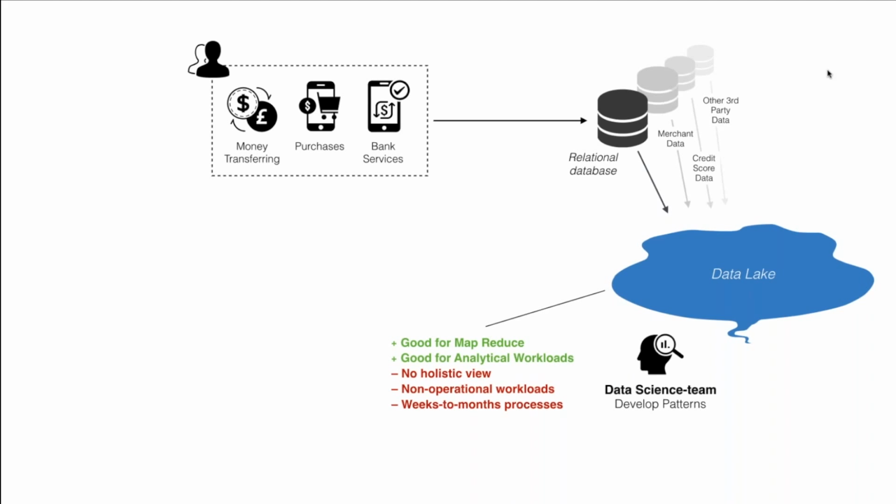It could be transaction data, merchant data, data related to credit scores, and other third-party data in a central place like a data lake, where they can then start to make sense of the data, understand the patterns, run algorithms like centrality and shortest path type algorithms to figure out patterns.